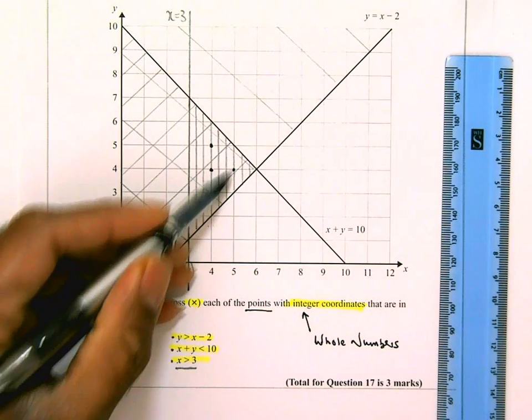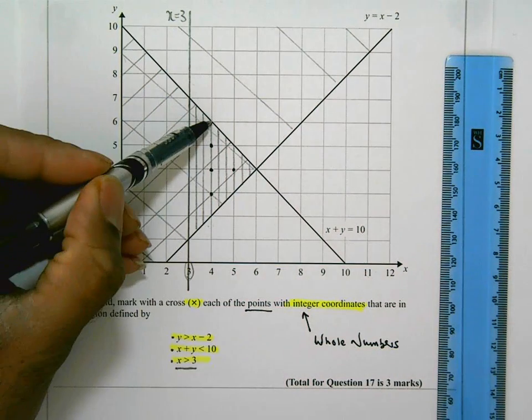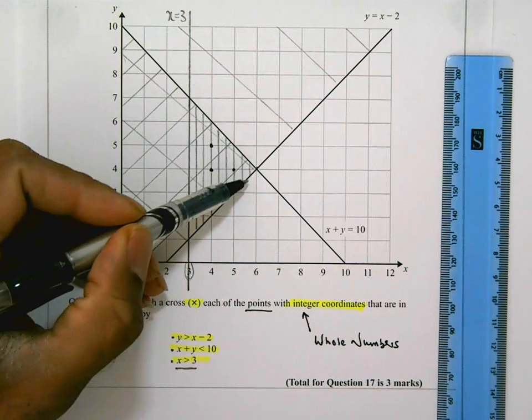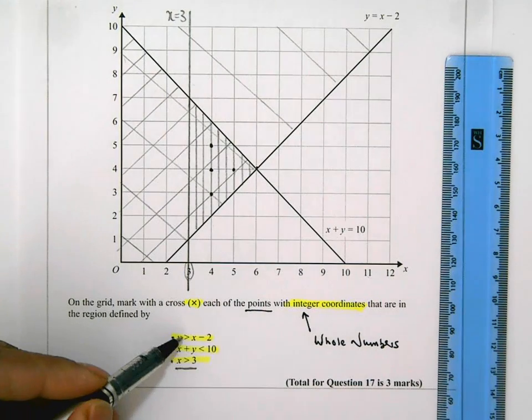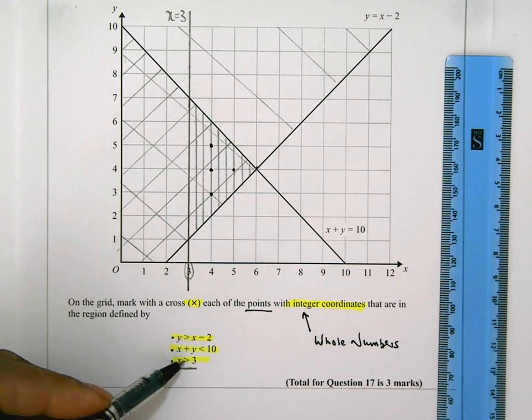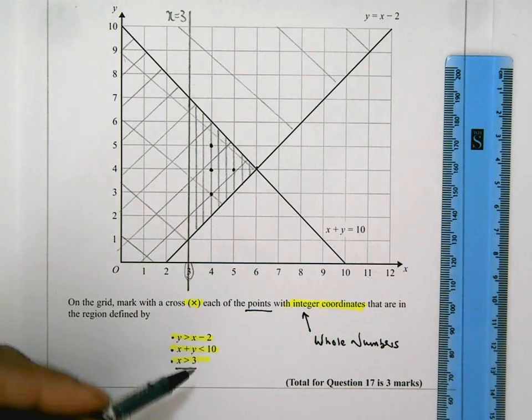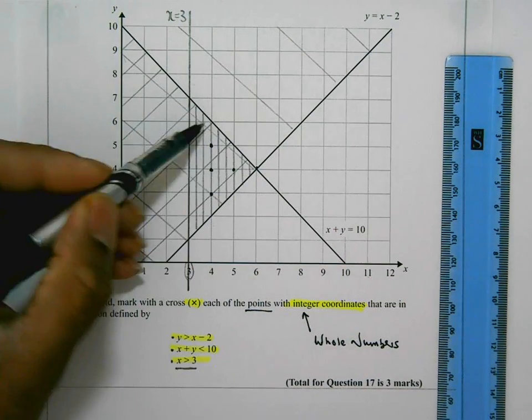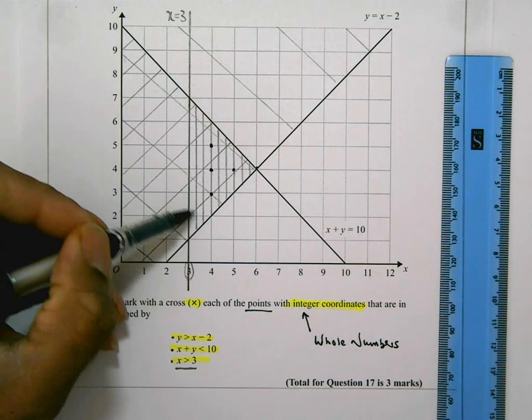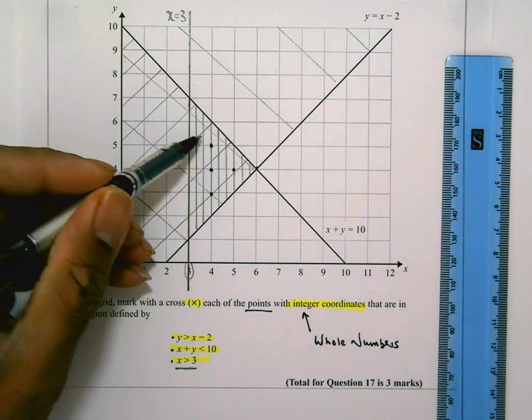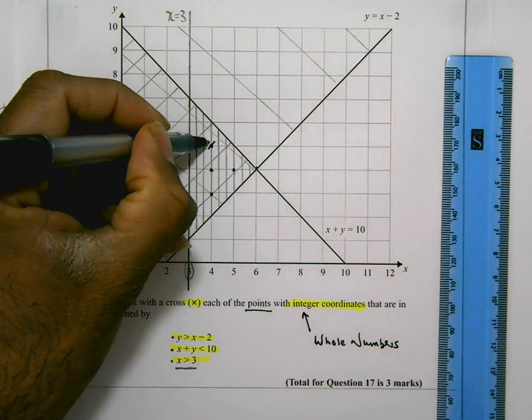I'm not going to choose any of the points on these lines themselves, because all of these inequalities are greater than or less than, they're not greater than or equal to, so we're not including the points on the lines themselves. I'm just checking this again to see that I haven't missed any out. So I'm going to put my crosses there, and so there are 4 possible answers.